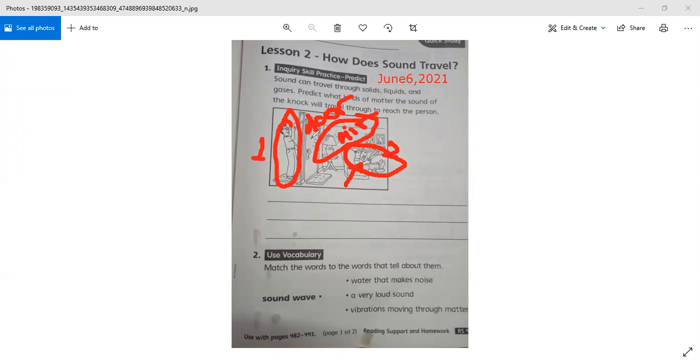The door. Excellent. The sound will travel through solid only? No. It will travel through solid and what?